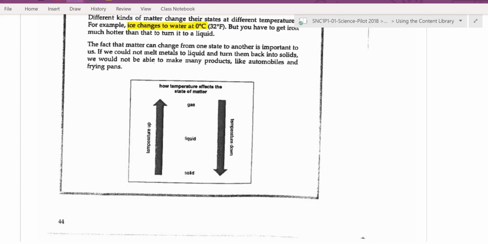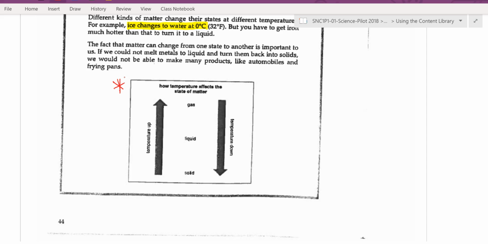So this right here is a pretty important little visual. How temperature affects the state of matter. So if our temperature goes up, we can go from solid to liquid to gas. And if our temperature goes down, we can go from gas to liquid to solid. All right?